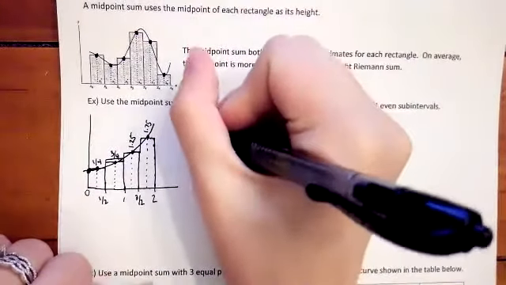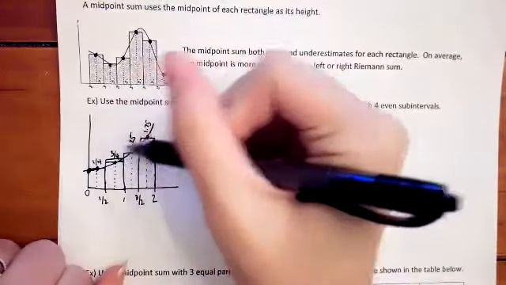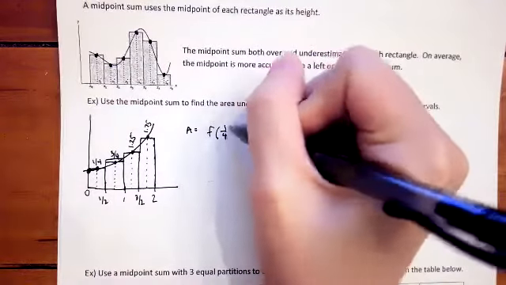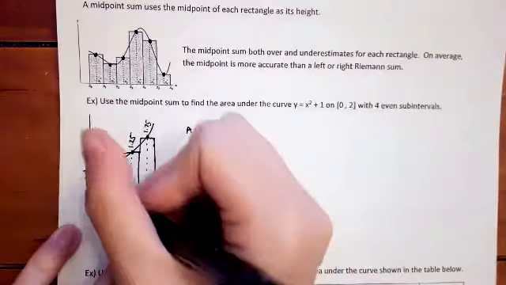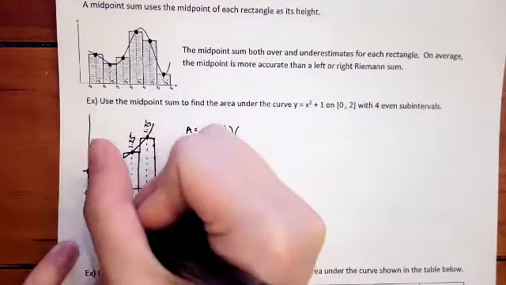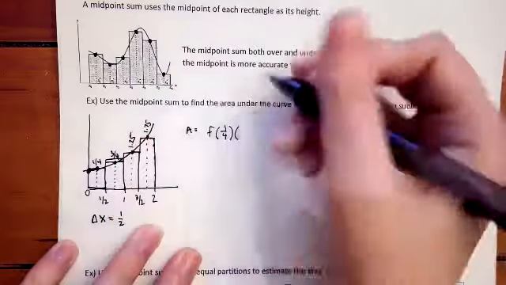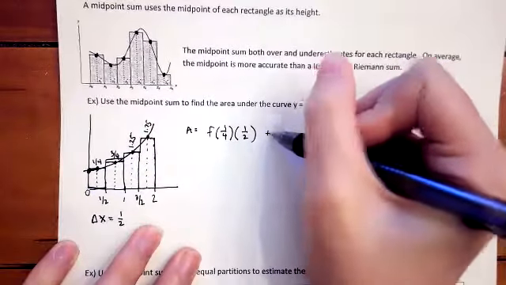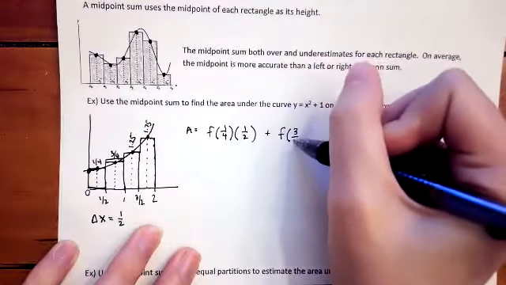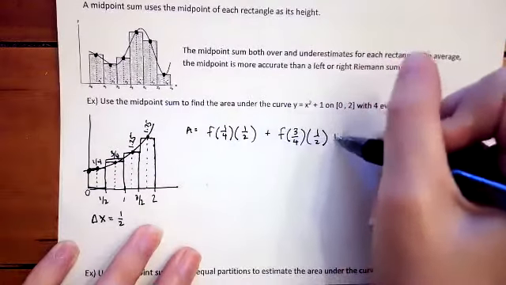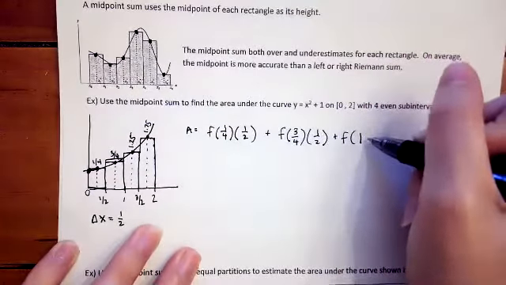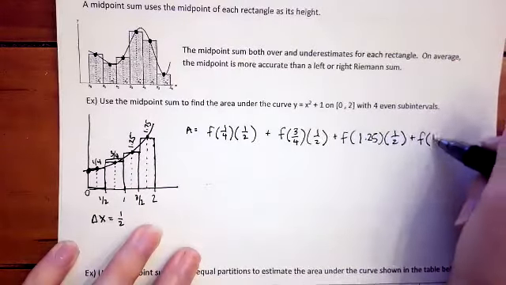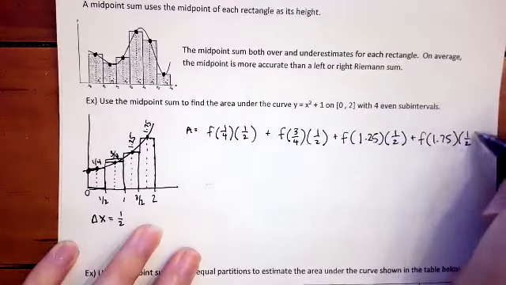Okay, so when we're going to find our area, these midpoints are what we're going to use in our f of equation. So f of 1/4. Remember, our width of a rectangle is still 1/2, so delta x is still 1/2, even though the midpoint is 1/4 of the way in. F of 3/4 times 1/2. F of, what did we say, 1.25 times 1/2, and f of 1.75 times 1/2.